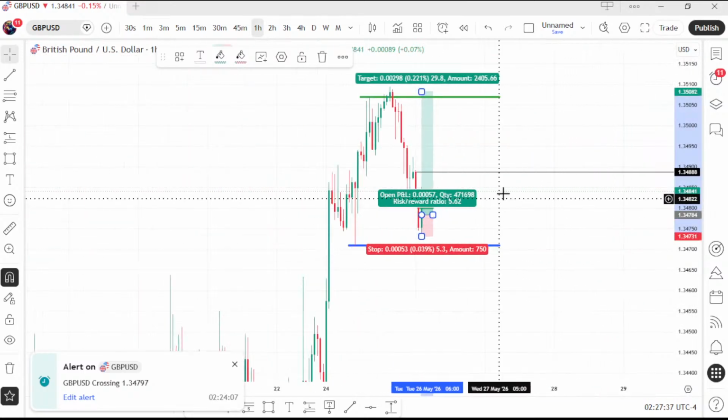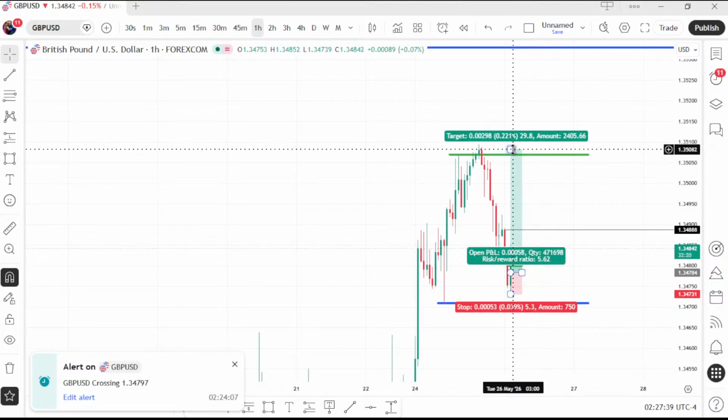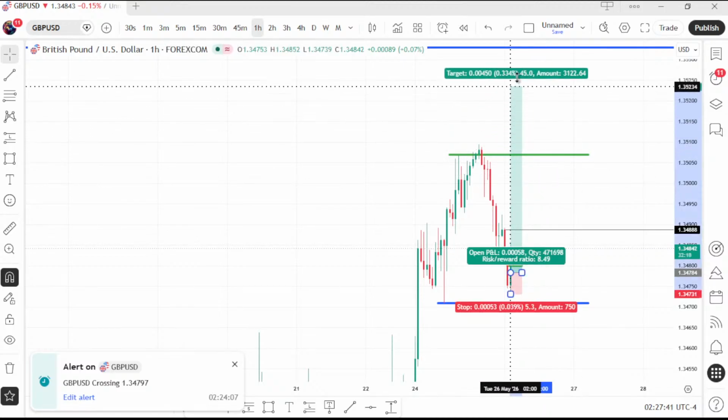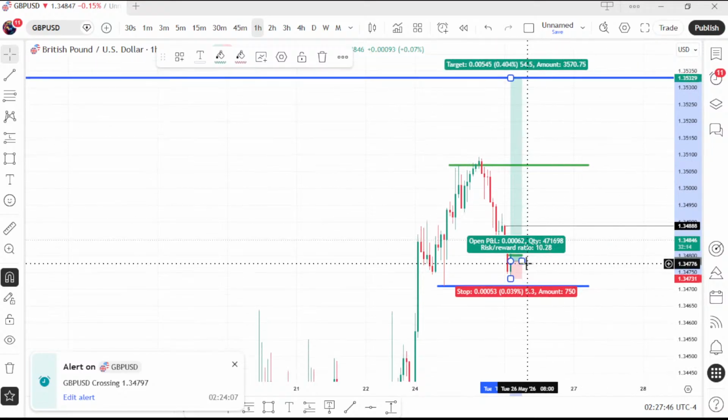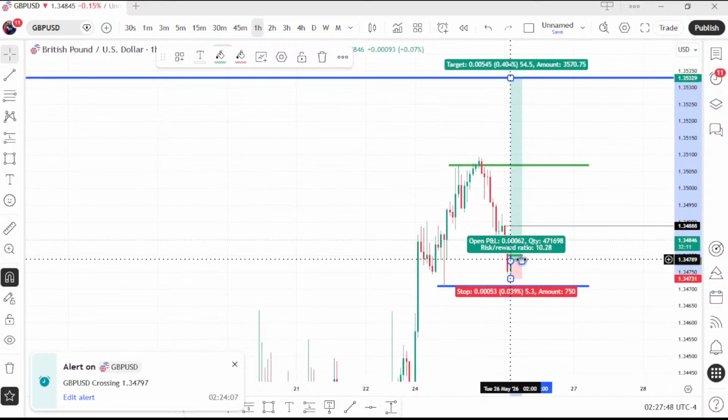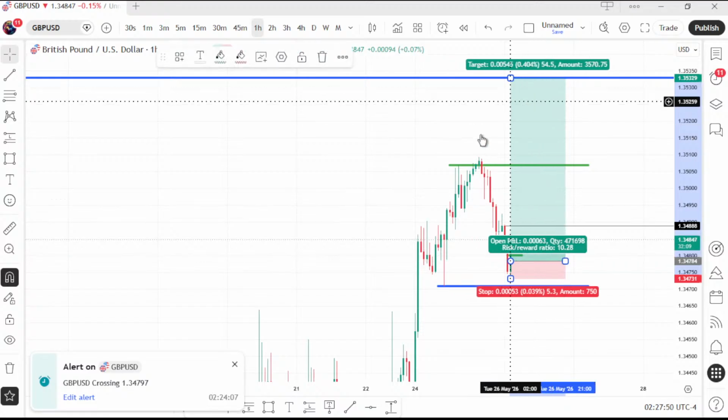What are we targeting? Those buy side liquidities. Let's work with this first one.